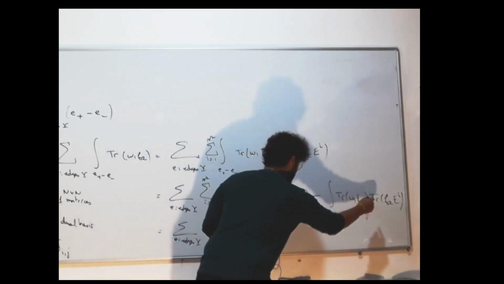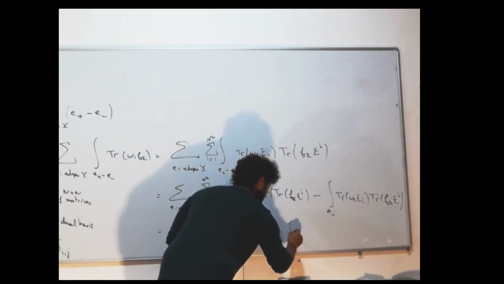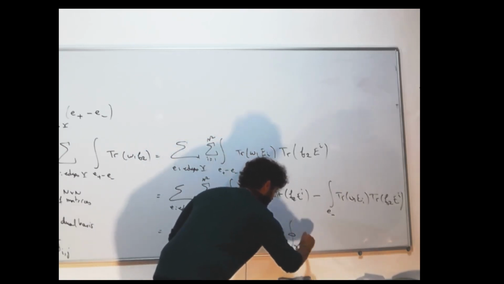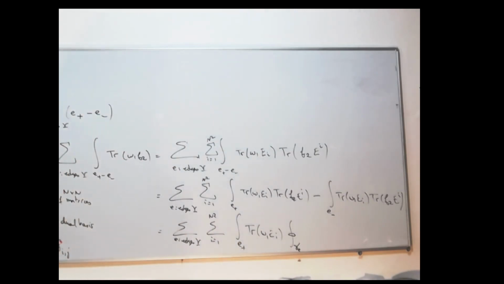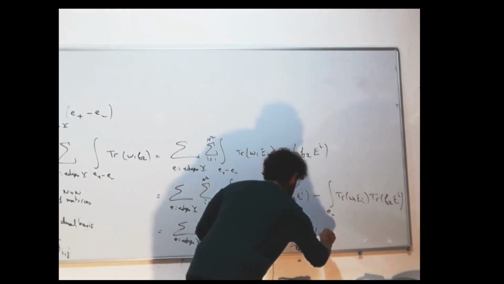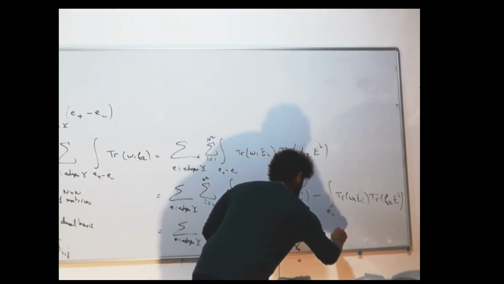And this difference here, you can replace by the integral along gamma E. So remember, if this here is E, gamma E was this contour going around here, of trace omega 2 EI.